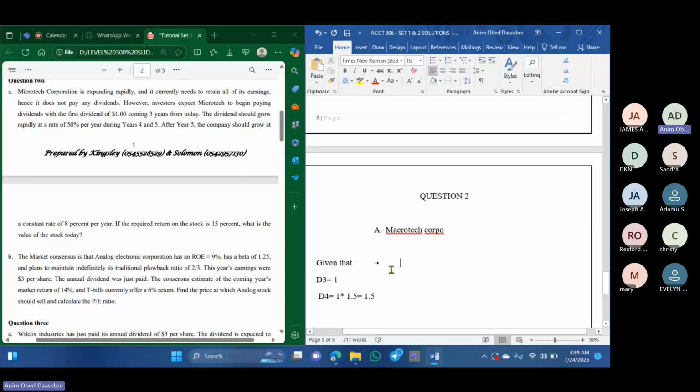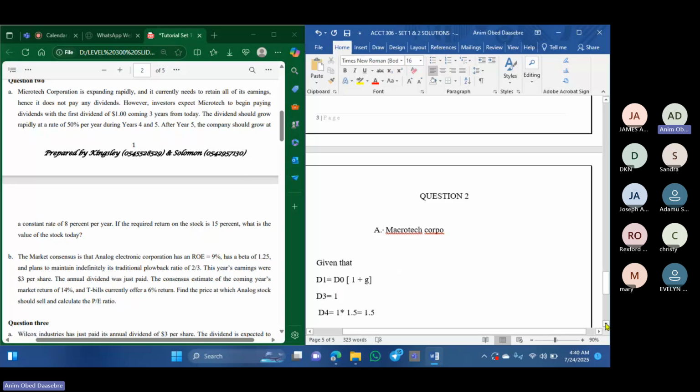So I'm using this formula: the current dividend times 1 plus the growth rate, then you close the bracket.